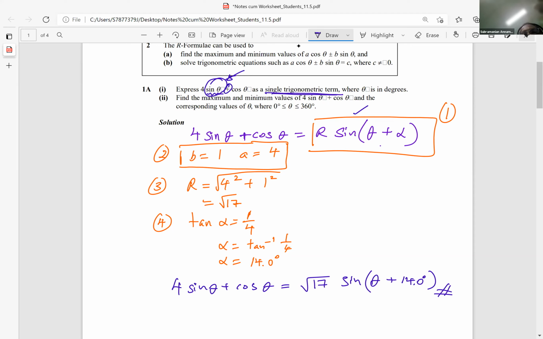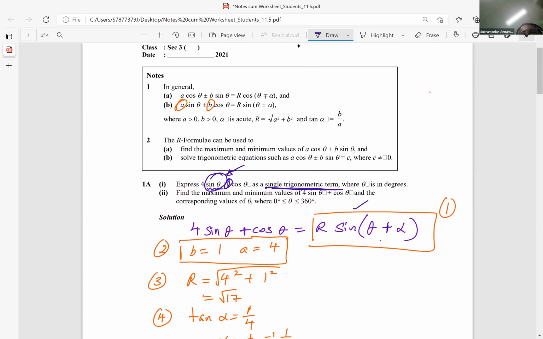Second, since this is sine and this is plus, this should also be a plus. If this is plus minus, then it's also plus minus. But if you choose cosine, then the minus here will become plus, and the plus here will become minus. It's always the opposite.